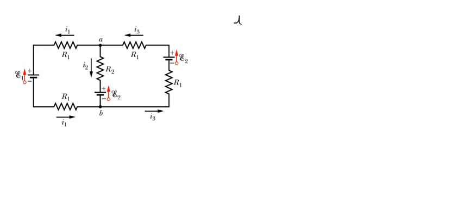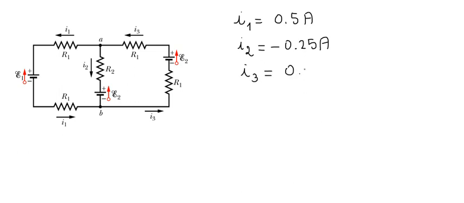Our calculation shows that I1 equal 0.5 ampere, I2 equal minus 0.25 ampere, and I3 equal 0.25 ampere. So this current is calculated correctly, direction is good because we have positive current. This current I3 is also positive, so the direction of I3 is this way. We made a mistake here.